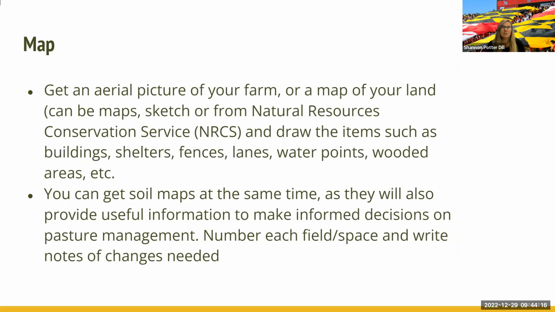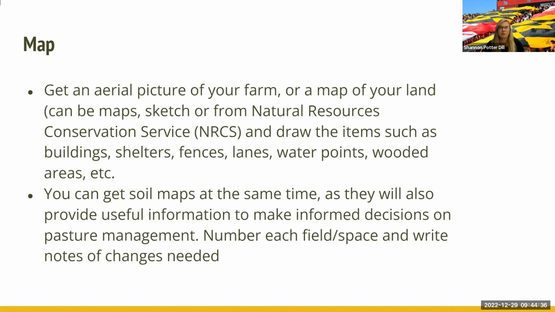And if you're visual, I like to see a map, especially if you're doing some planning, if you're considering conservation, or putting in some permanent structures. Sitting down, you can get an aerial picture of your farm or map of your land. You can go online to the maps and look at the satellite imagery.